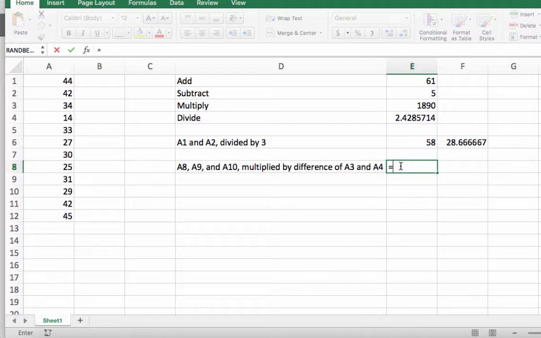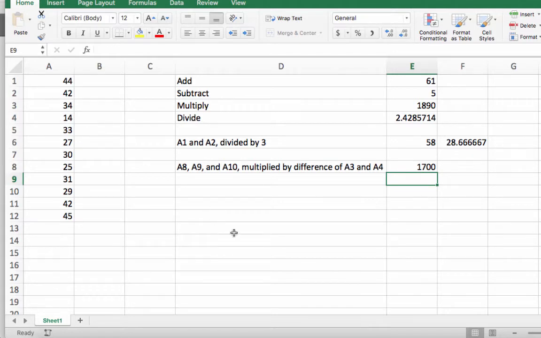Equals, okay, I want A8 plus A9 plus A10, close the parentheses, and I want to multiply, there's my asterisk, by the difference of A3 and A4, so I'm going to need more parentheses. Take A3 minus A4, and then hit the close parentheses, and there's my answer.